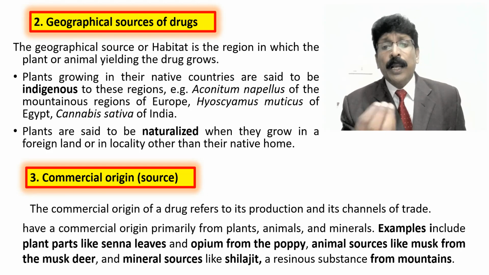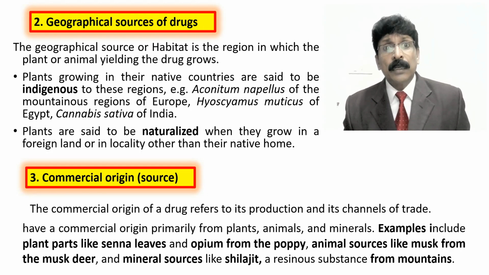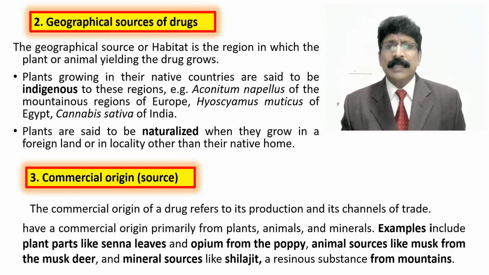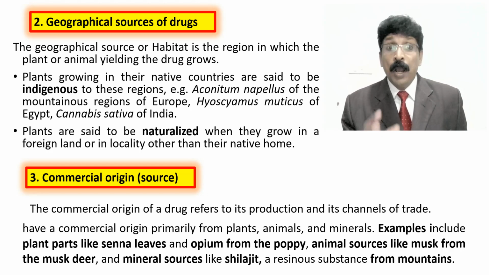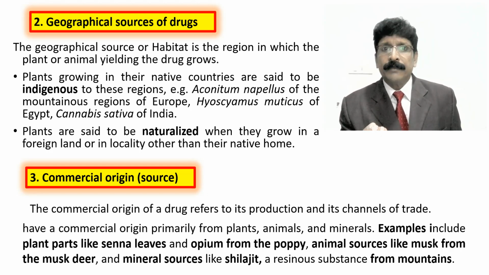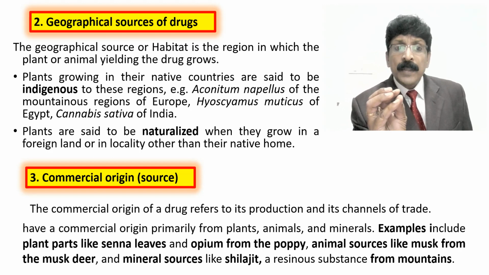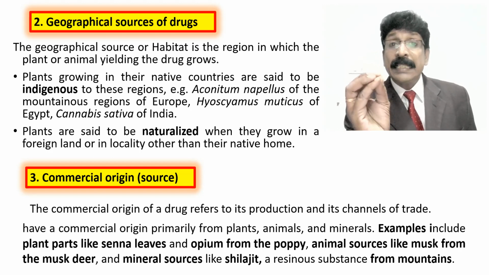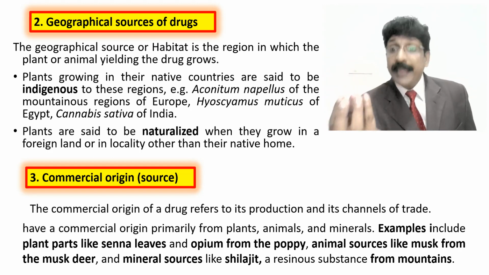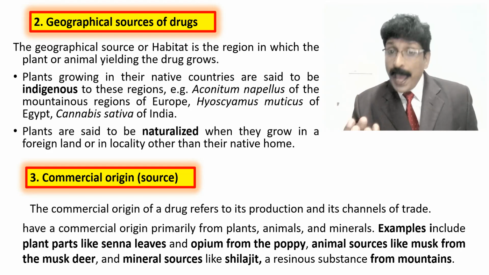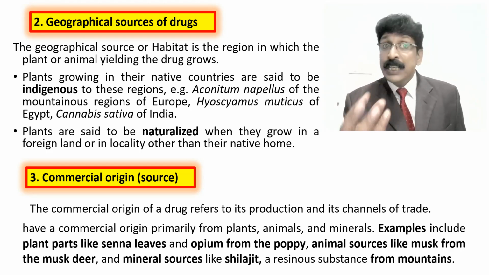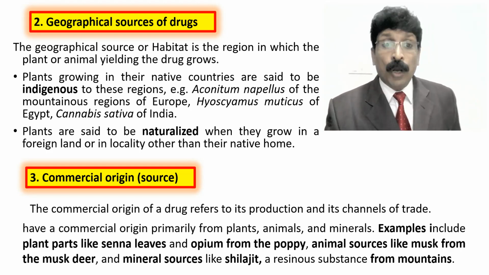For stroke and all it is applicable, cardiac diseases, anti-cancer. So that shows commercial origin: where this musk deer is available, where the product is isolated, where the product is marketed. These are all the commercial origin.